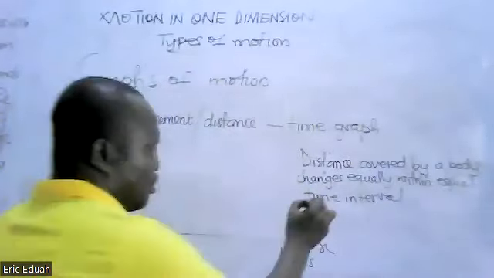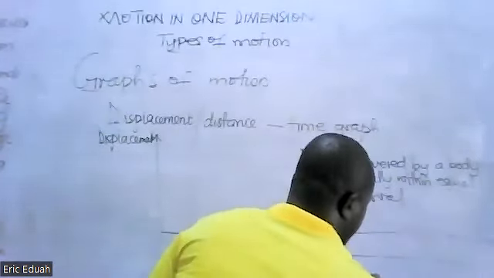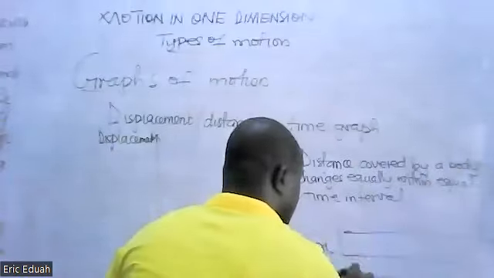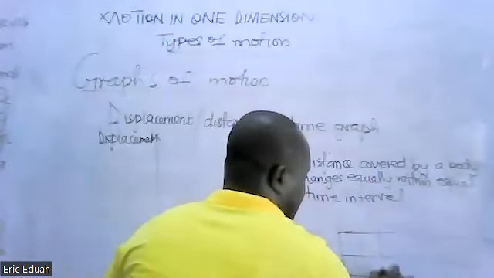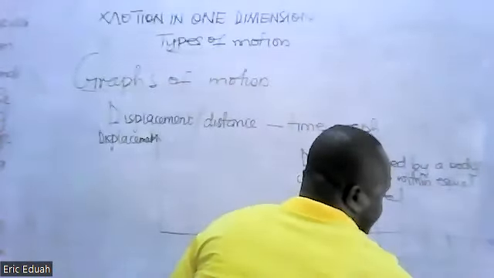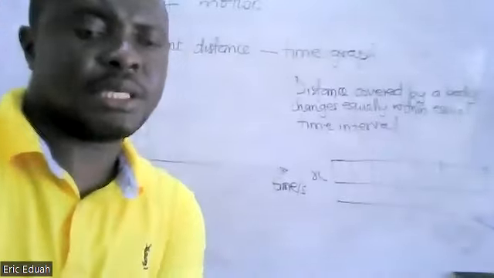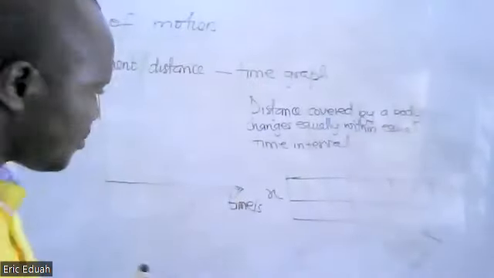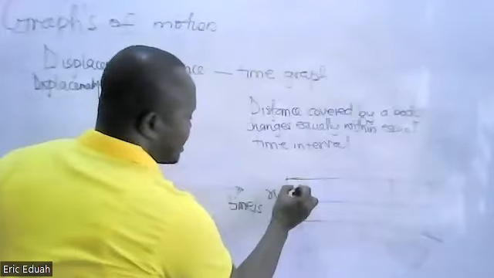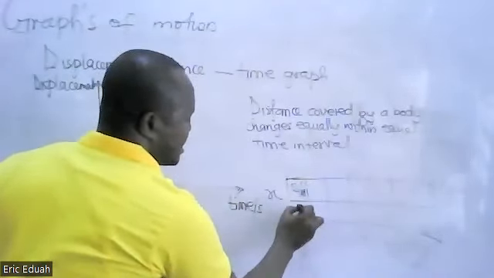Here I'll create a table and put in values to help you understand. So we are using this table. This is the displacement axis, whereas this is the time.